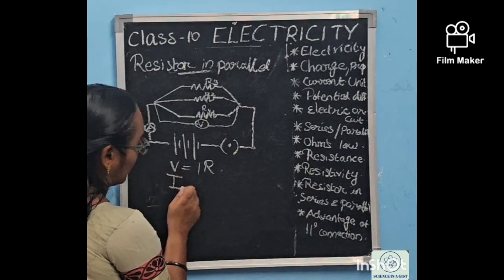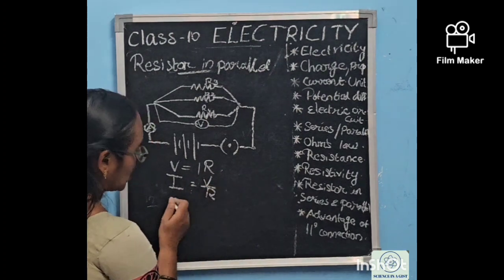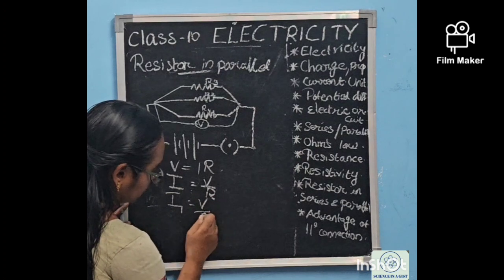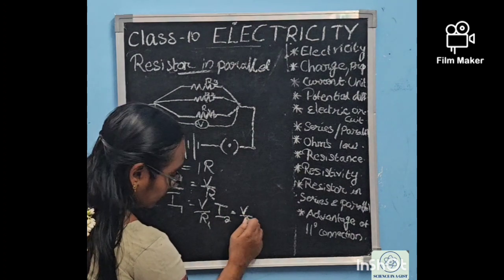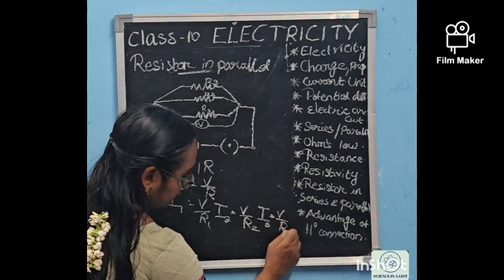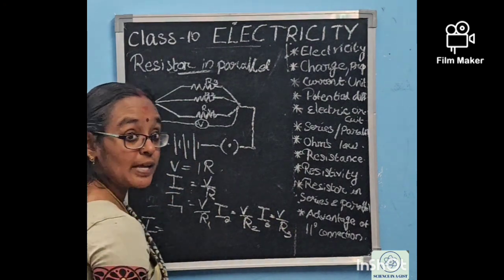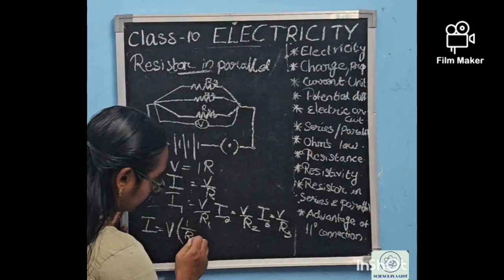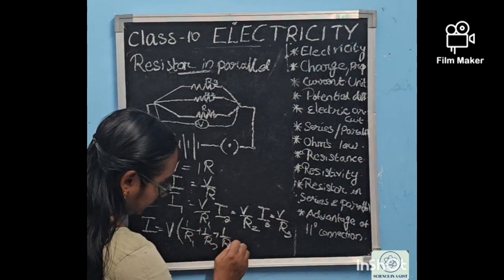So we are finding I. I is equal to V by R. I1 is equal to V by R1, I2 is equal to V by R2, and I3 is equal to V by R3. So total I is equal to I1 plus I2 plus I3. So it is equal to V into 1 by R1 plus 1 by R2 plus 1 by R3.